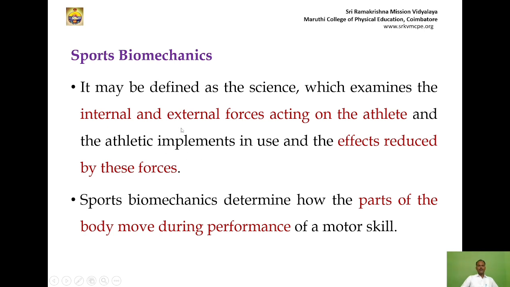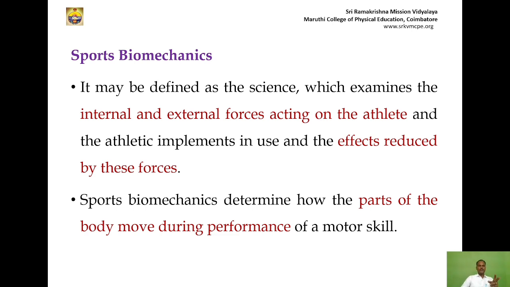Here we have internal forces and external forces. Sometimes we may create the force, sometimes an external force may act on the athlete. And the athletic implements: sometimes we may use a javelin or discus or shot put, whatever it may be. So how are we creating force on the athlete or the athletic implements, and what is the effect? It may reduce or it may increase through the force.